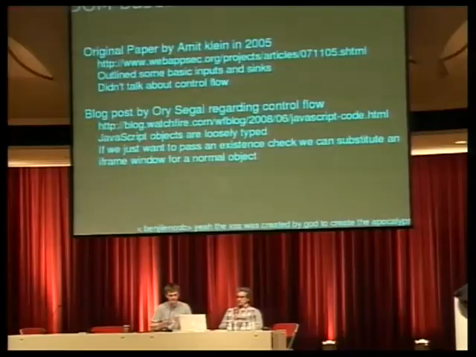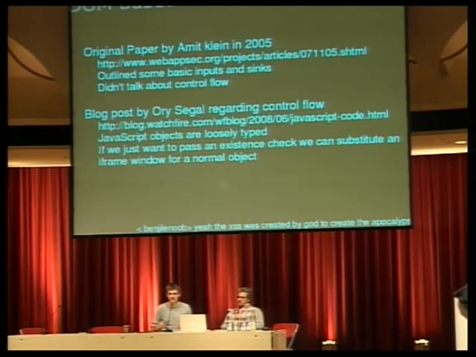So the paper that Amit wrote talked about some of the basic inputs and basic sinks for DOM-based XSS. It talked about what objects in JavaScript an attacker can control and what sinks in JavaScript it would be useful for an attacker to control input to. It didn't really talk about control flow at all.